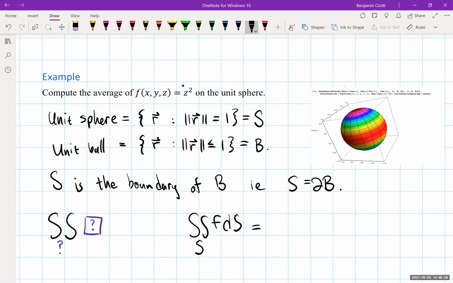So what is that? Or I should say, how do you compute that specifically? What exactly are you integrating over what? My initial guess would be z squared with dx, dy, dz. Okay.